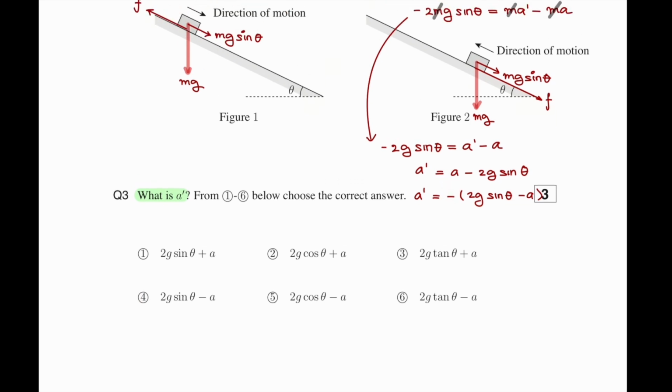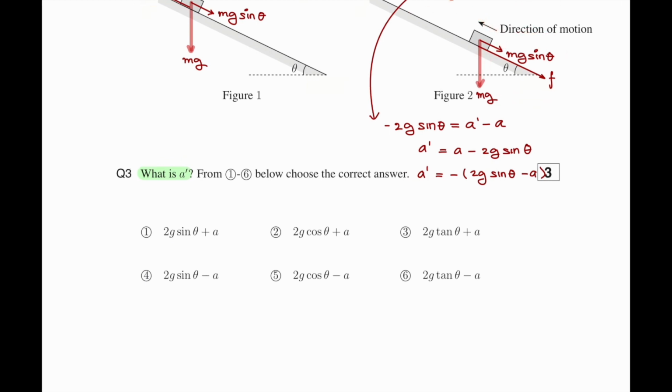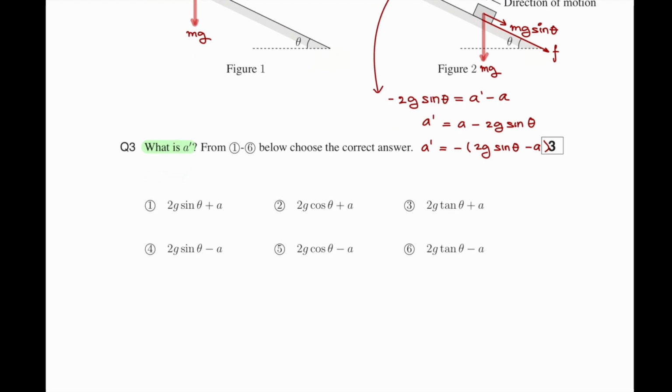So we can say that a prime is a deceleration instead of an acceleration, because the direction of motion is going up, but the net force is going down. So I think my final answer for question number 3 is number 4.